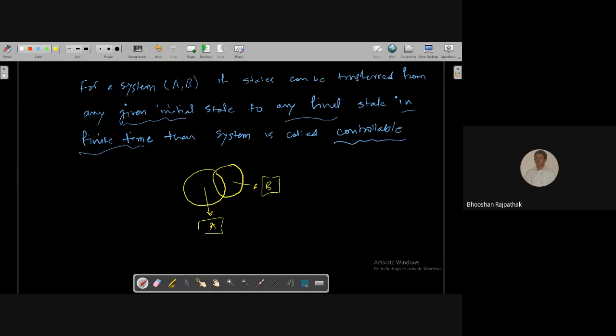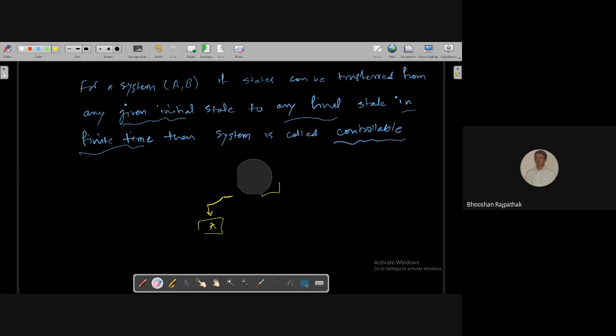They can have a finite intersection. All the systems in the intersection will be stable and controllable. Systems here will be only controllable but might not be stable. Systems here are stable but might not be controllable. So it doesn't mean that if a system is stable, it has to be controllable. No. Similarly, if a system is controllable, it has to be stable? No. These are two different notions.